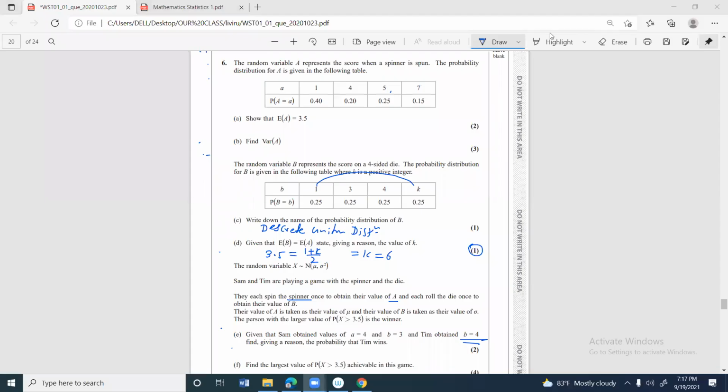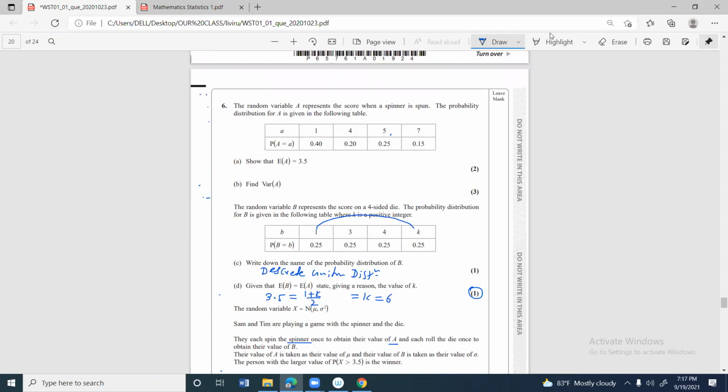I think you might not have understood how you get the answer for question E. Let me explain it again for the people who cannot understand it. What they do is they spin the spinner and as well as they take the dice.